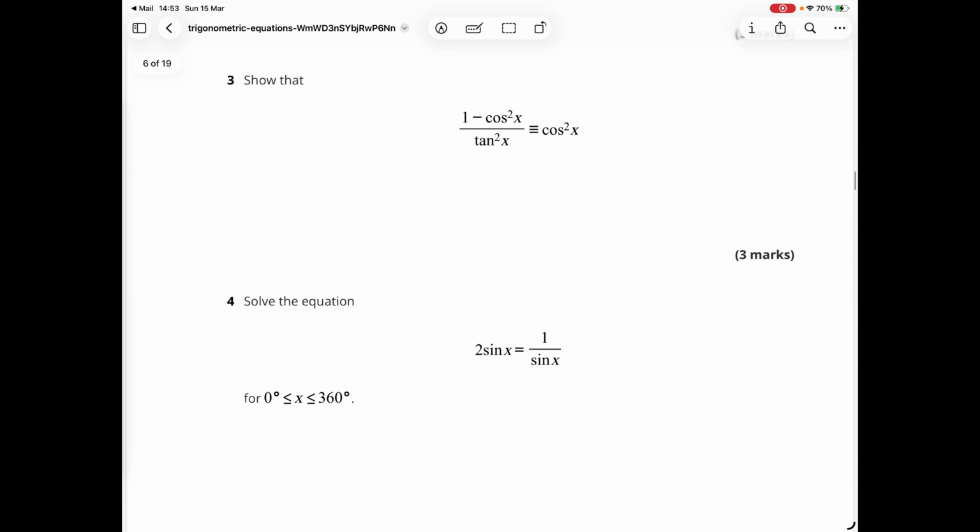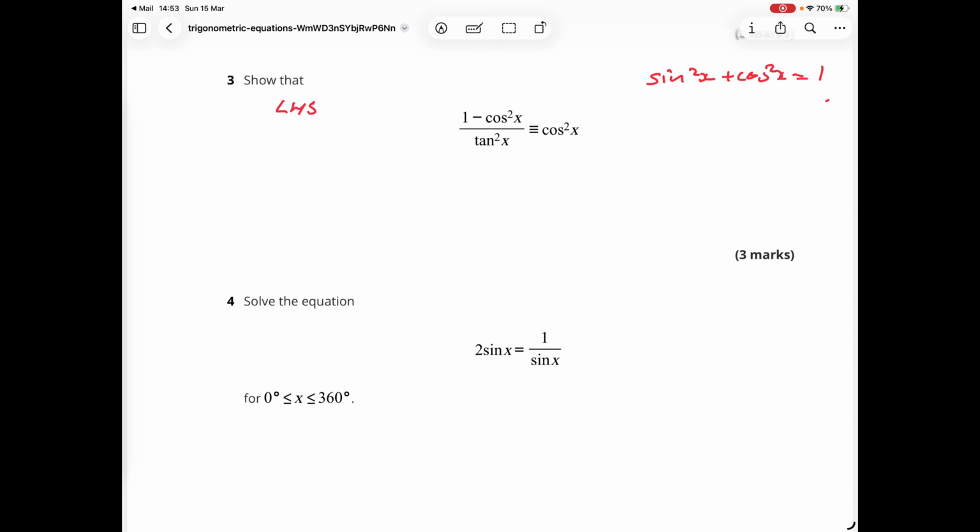Shall I do one more? Okay, show that, oh, this is a proof: 1 minus cos squared x over tan squared x equals this. We're going to start off with the left-hand side. 1 minus cos squared x is from sine squared x plus cos squared x equals 1.